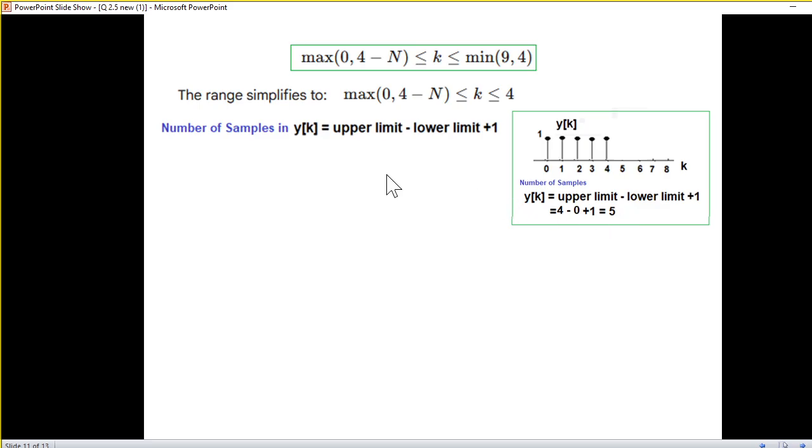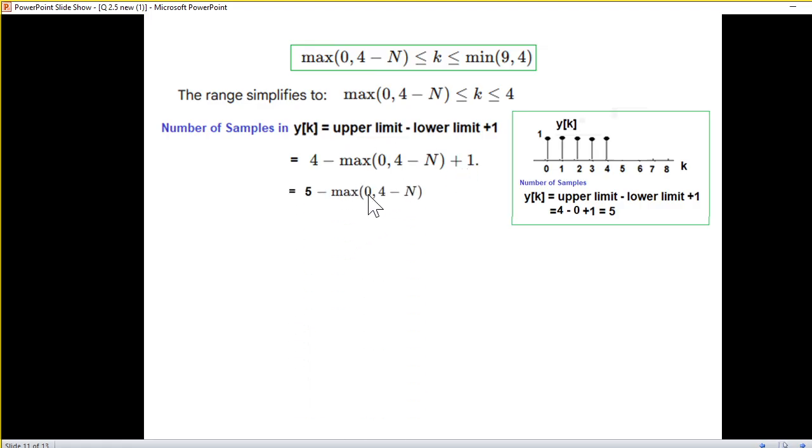The same technique we're going to follow here: upper limit minus lower limit plus 1 will give us yk, or in our case it is y4. So upper limit is how much? Upper limit is 4, and the lower limit is the maximum of these two, 0 and 4 minus n.